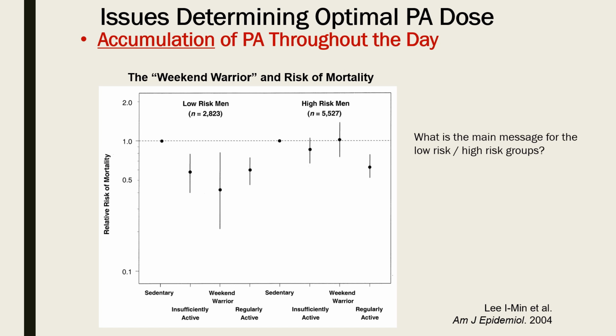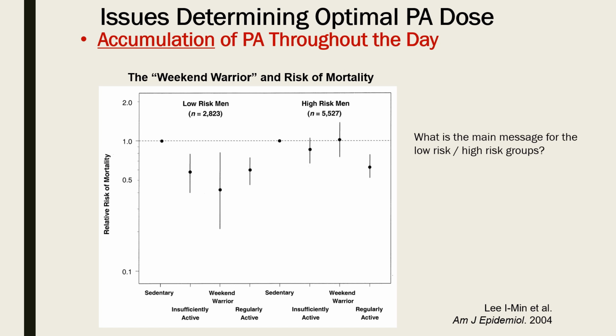Sufficiently active: men expending 500 to 999 kcal per week in these activities. Weekend warrior: men expending 1000 kcal per week or more through sports or recreation, but only 1 to 2 times per week. Regularly active: men expending 1000 kcal per week or more through activities like walking, climbing stairs, and sports recreation spread throughout the week.